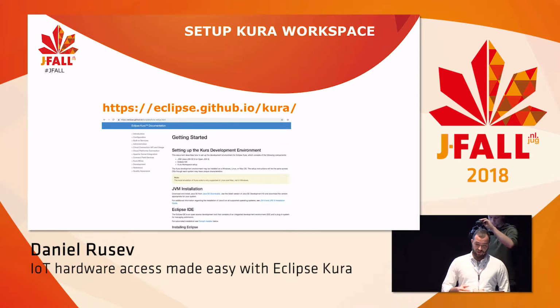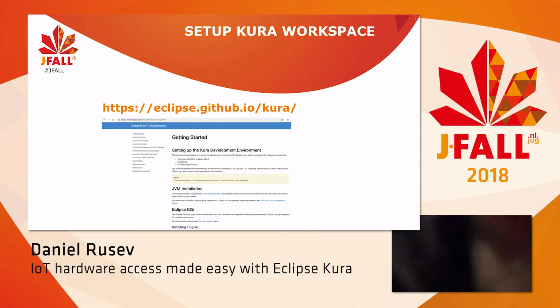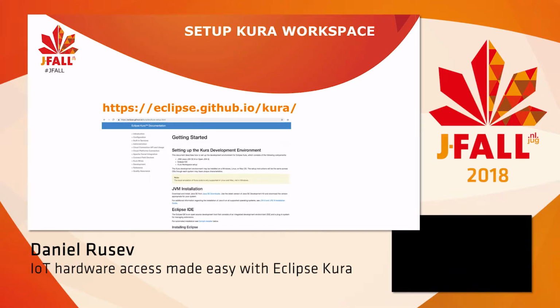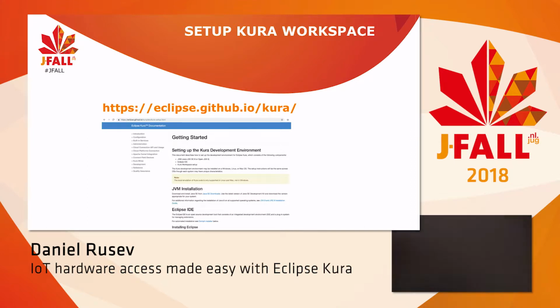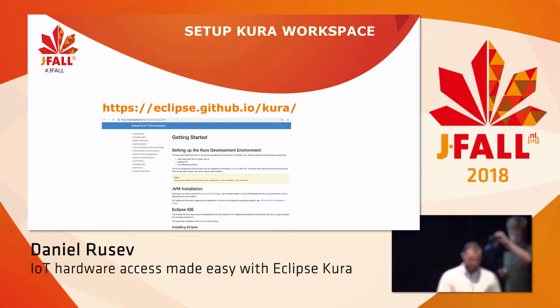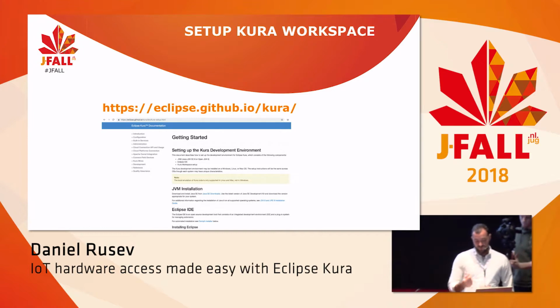There are different ways to do it. They explain it pretty well on their website. But usually I do it with the OMP installer. It's very easy, very smooth, and usually works the first time. What the OMP installer will do is install all the dependencies and packages that you need in order to remotely connect to the device and start developing software and pushing it on it.